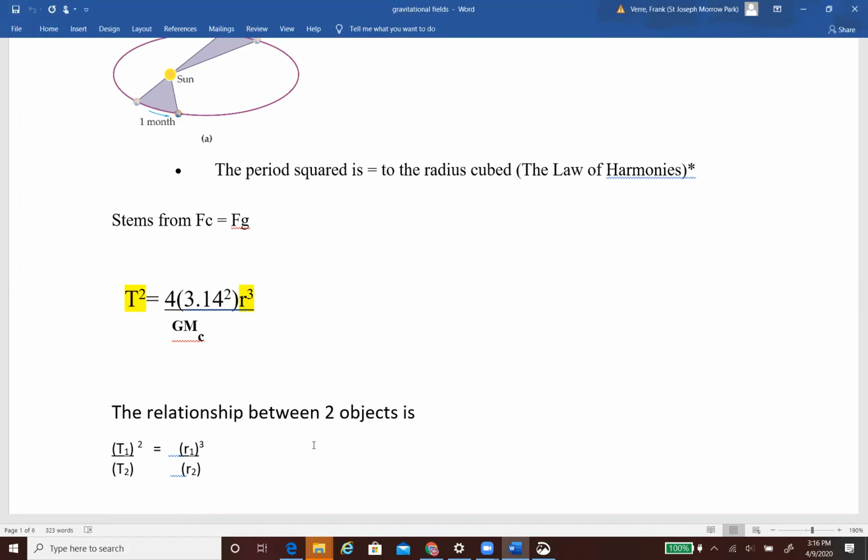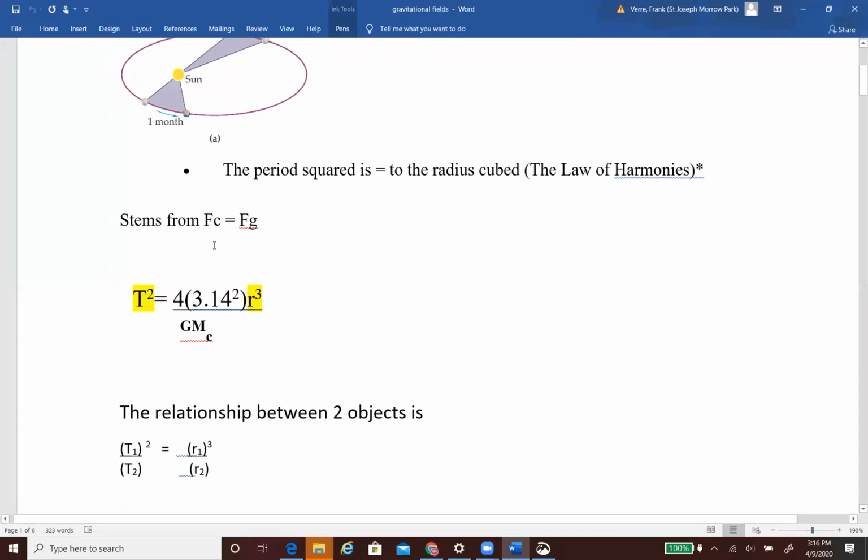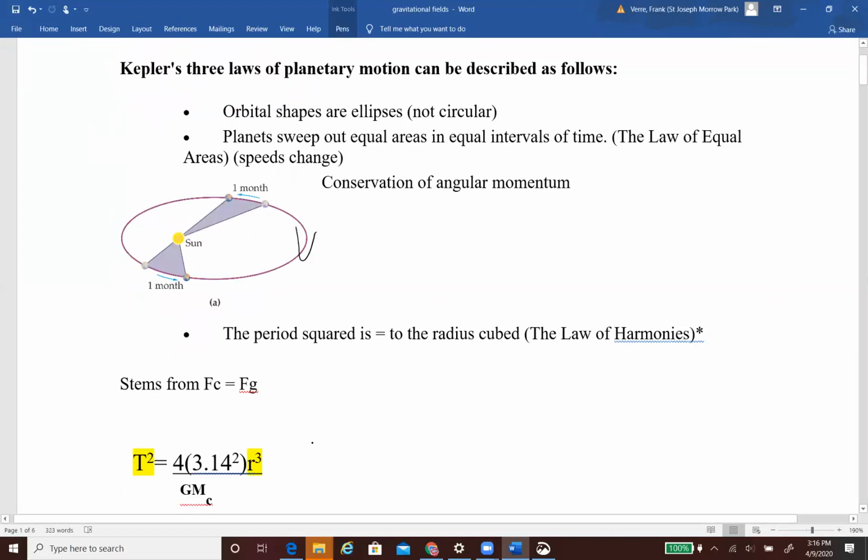If it's any object like the Earth or Mars or Mercury or Jupiter going around the sun, then the 4 constants would be the number 4. That's because, if you recall, we're substituting v as 2 pi r. So when you square it, you get 4 and you get pi squared, right?